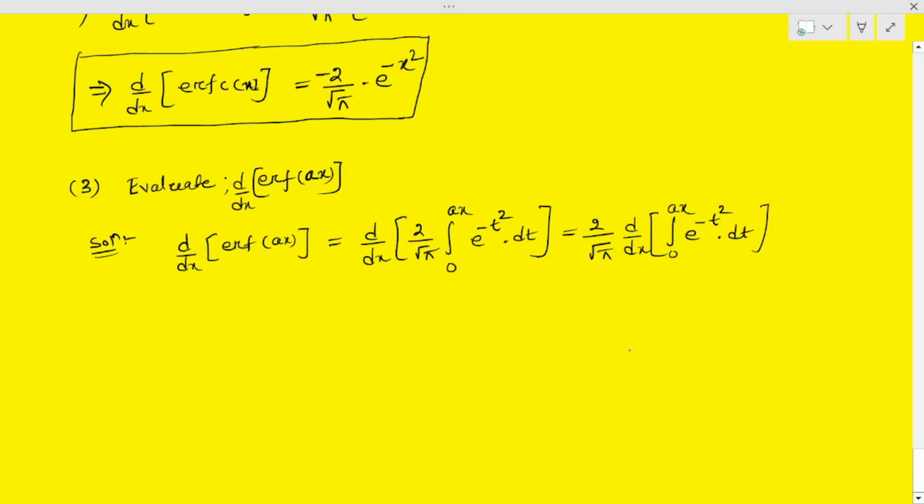Here f of t is e to the power minus t square, the higher limit is ax, and the lower limit is 0.